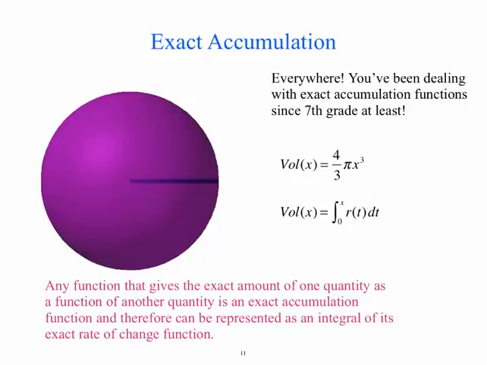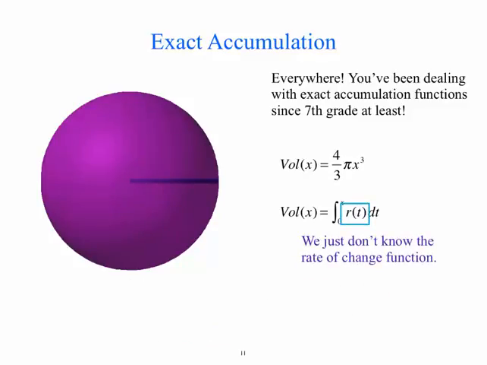Any function that gives an exact amount of one quantity as a function of another is an exact accumulation function, and therefore can be represented as an integral of its exact rate function. It's just that we don't know what the rate function is. We know how much we have at any moment, and we're trying to find how fast it's changing. The volume, in this case, is changing at any moment.